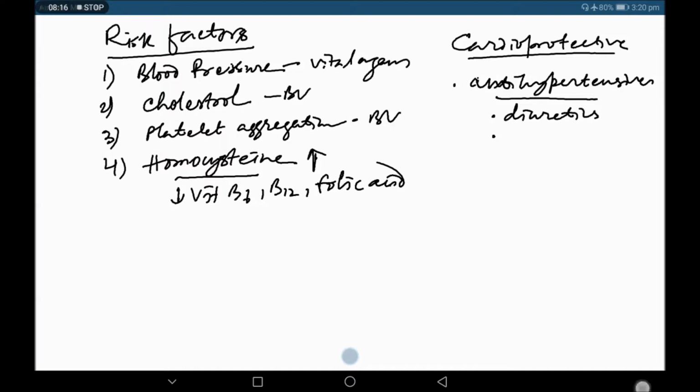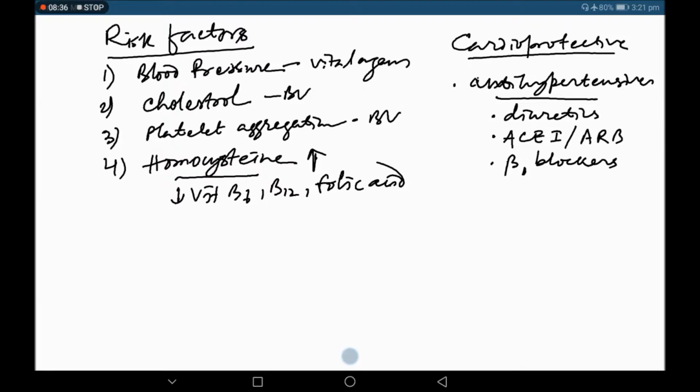Then we can have drugs acting on the renin-angiotensin system, like ACE inhibitors or angiotensin receptor blockers. Then we can have beta blockers, rather beta 1 blockers. The beta 1 receptor is present in the heart.